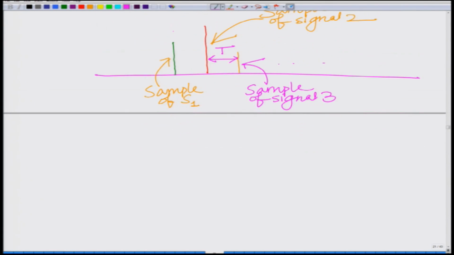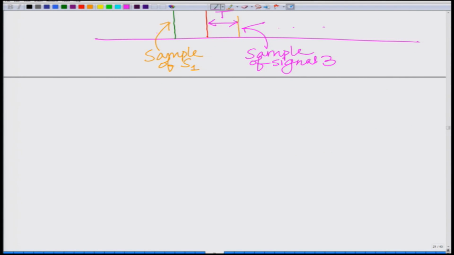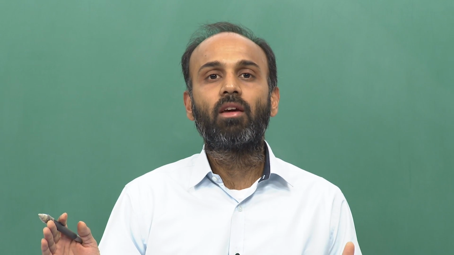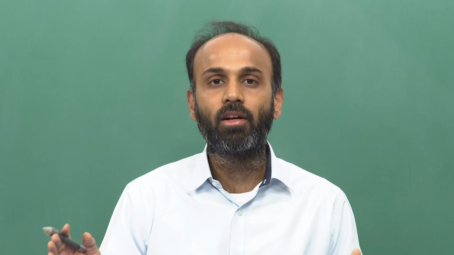Now we have to note that the sampling duration of each signal is uniform, that is Ts, which means every signal has a single sample in Ts. Therefore, n signals will have n samples in the interval Ts.